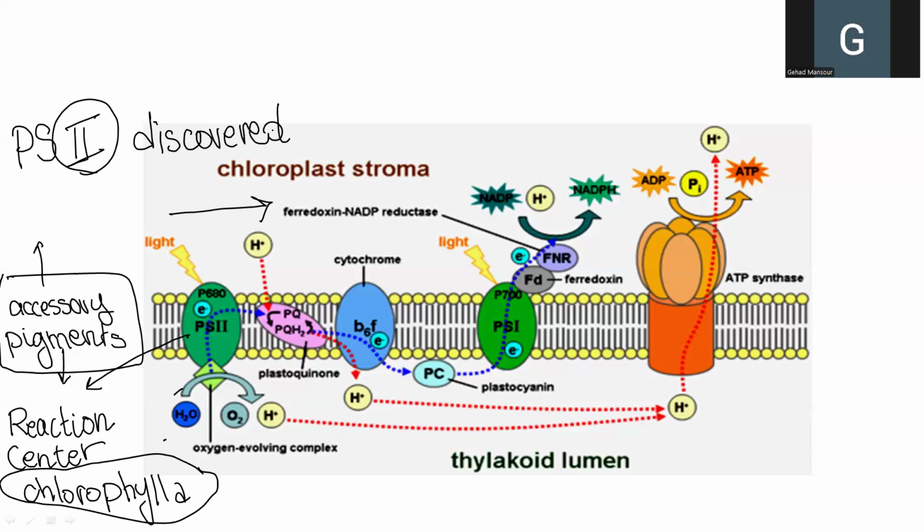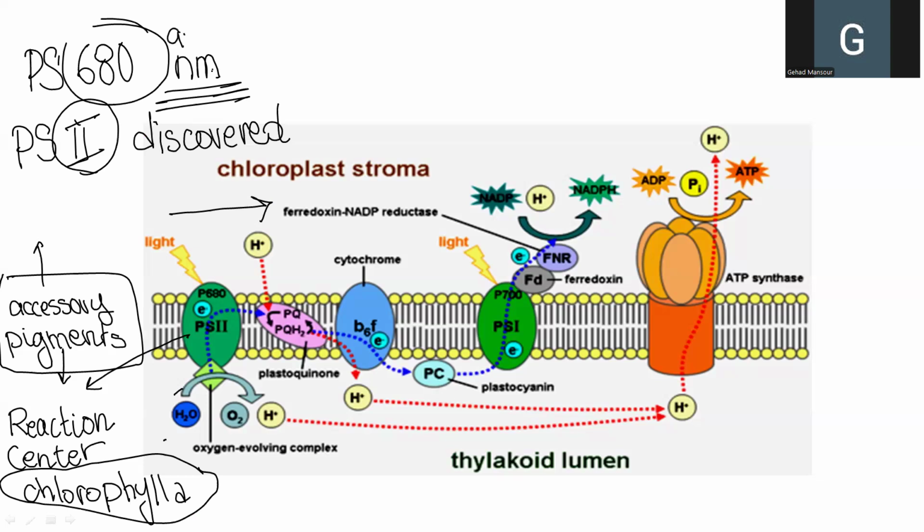It was discovered after photosystem 1, although actually on the thylakoid membrane, it acts first. The second name we give to photosystem 2 is photosystem 680. What does 680 refer to? It refers to the wavelength absorbed by that photosystem. But we should say the average wavelength.